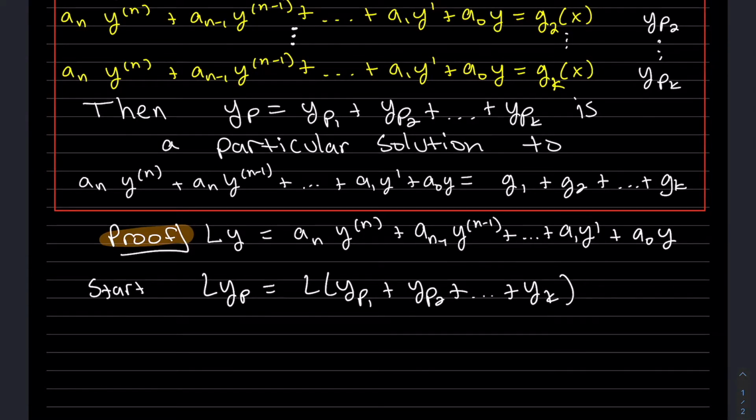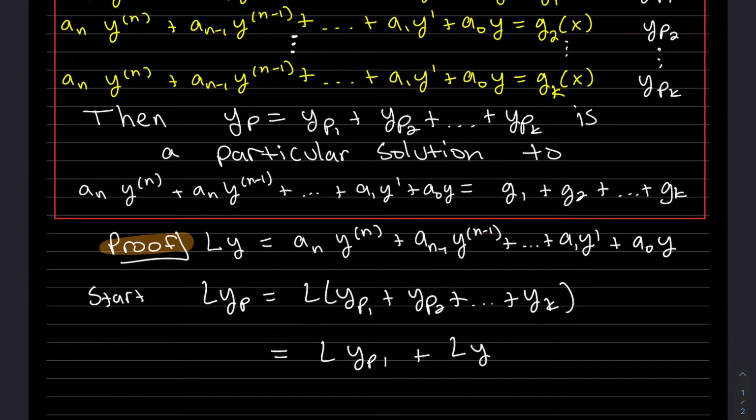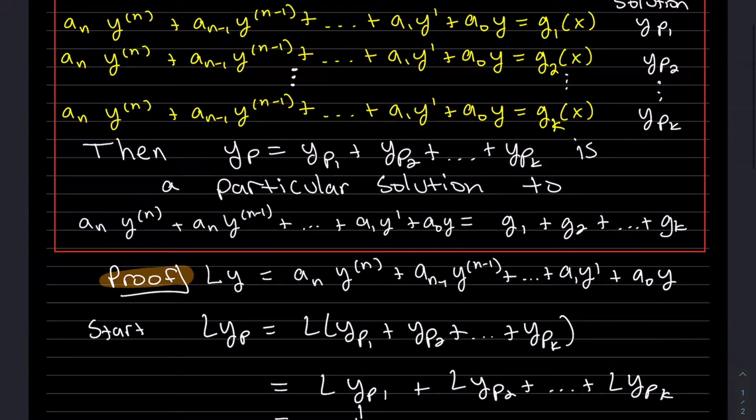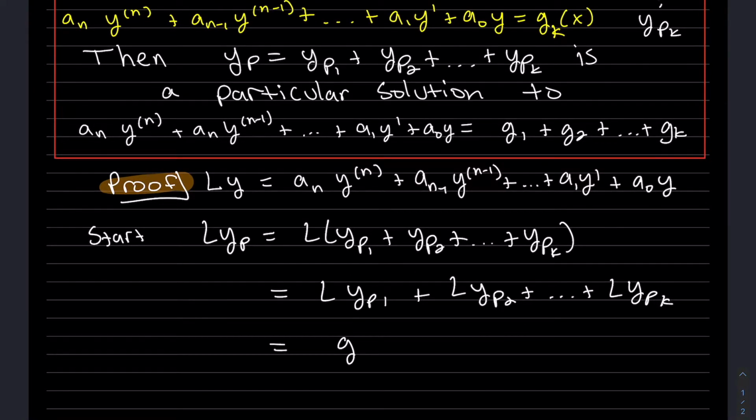Well, they are linear operators, and we can basically distribute. Since each of these, by definition of what was given, each of these are the solutions to that DE. Each of these is g1. This one is g2, so just substituting each of them. And that's it. We've proved that the particular solution is that.